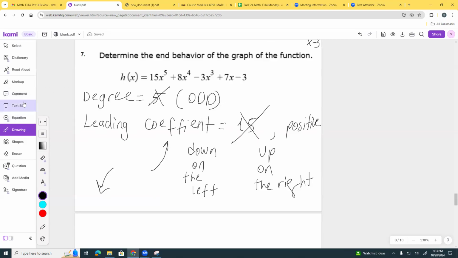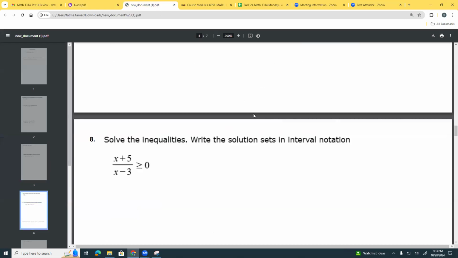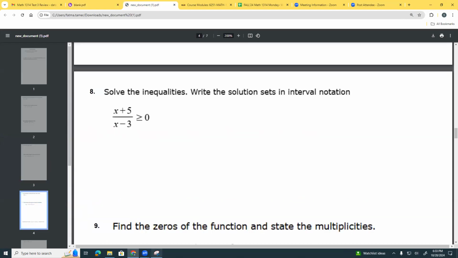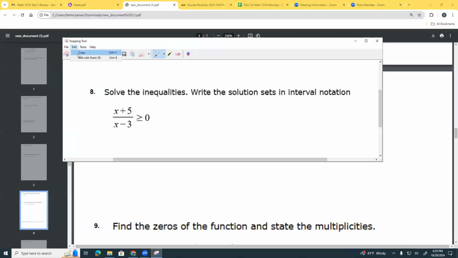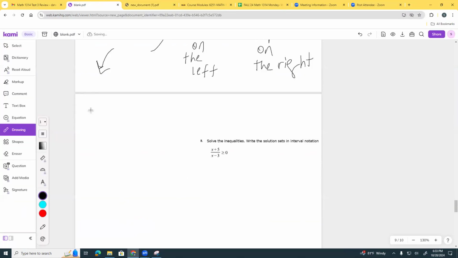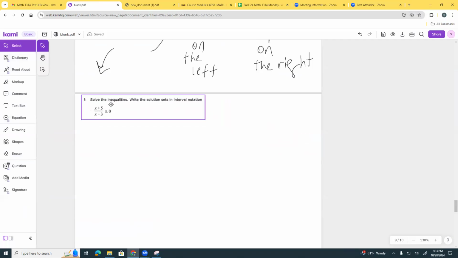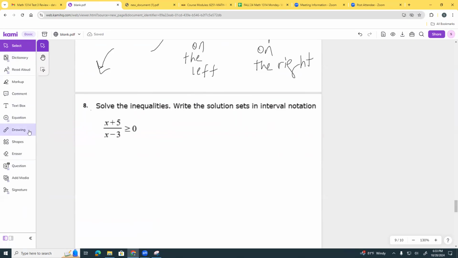Number 8. Inequality problem. This was the last lesson I believe we learned in this chapter.